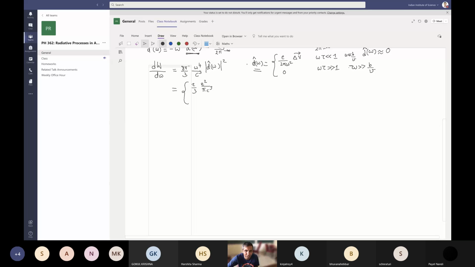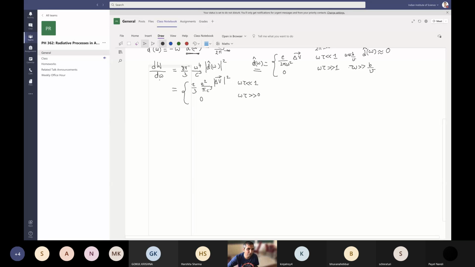So this omega square, the whole square, and this omega to the 4 will cancel, and we have delta v square, and this is 0 for omega tau less than 1. So at low frequency you have radiation, but at high frequency, because of this cancellation of these phases, you get 0. Okay.